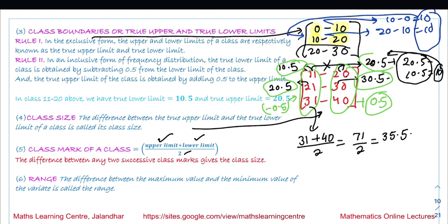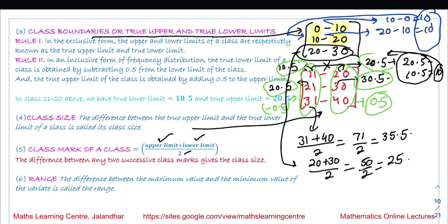If we find the class mark in this other case, it is 20 plus 30 by 2, so the answer is 50 by 2, which is equal to 25. The difference between two consecutive class marks gives the class size. This is one of the results we have: if we have two consecutive class marks and we find the difference between those two values, that will give us the class size.